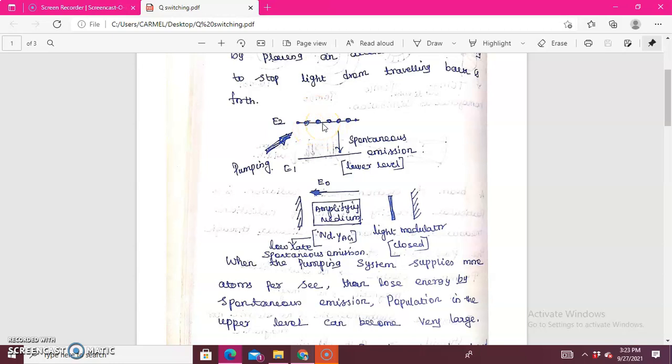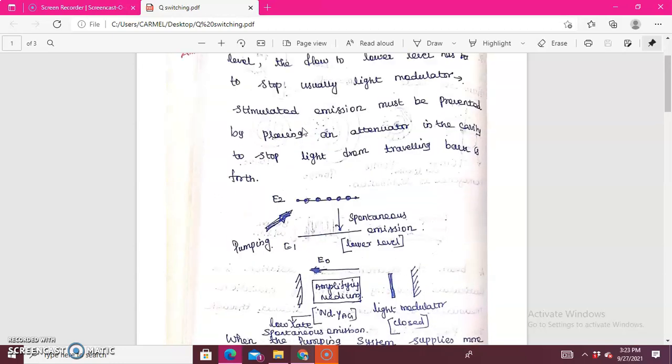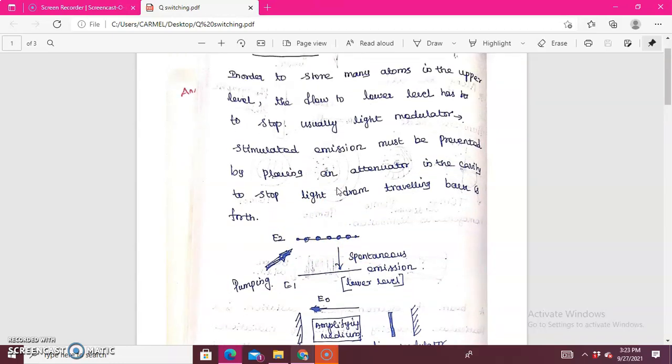So the main focus of the Q switching technique is to store a large number of atoms in the upper level. We can store many atoms in the upper level by the use of a light modulator. We have to stop the stimulated emission, so that the atoms in the upper level do not come down to the lower part.